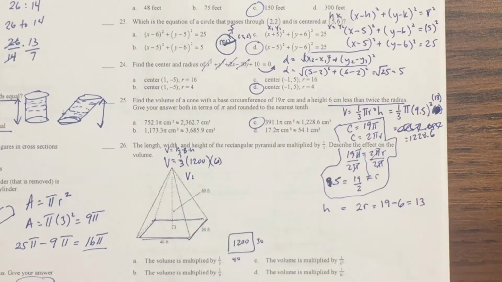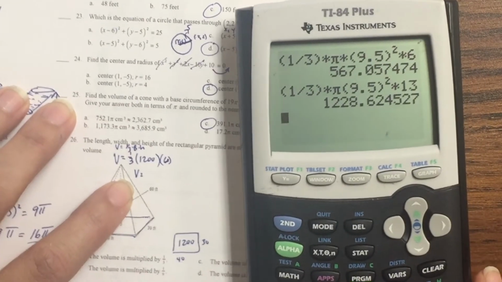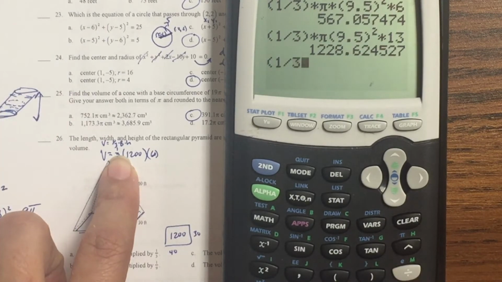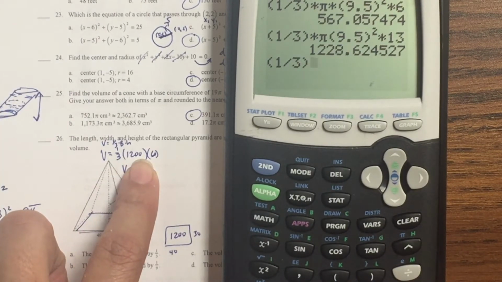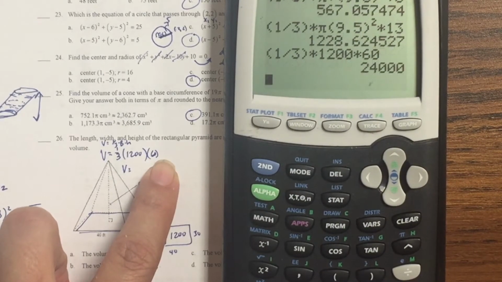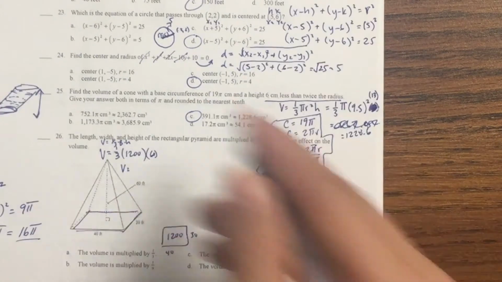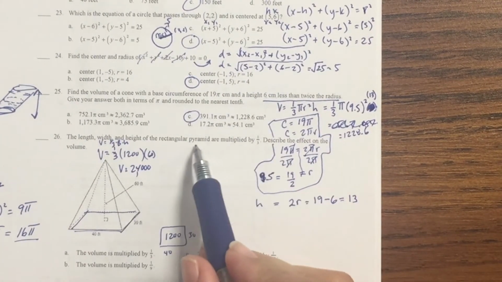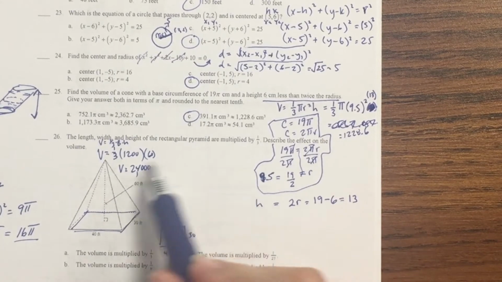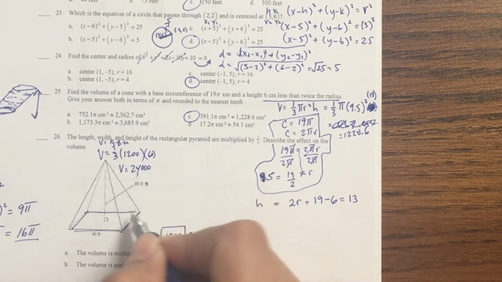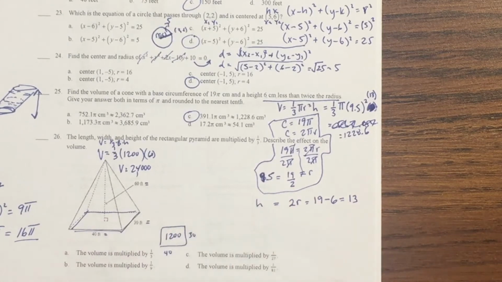So that volume is, and use parentheses for the fractions, 1/3 times 1200 times 60. 24,000. So this volume is 24,000. And the question is asking you, what's going to happen when you multiply everything by 1/3?